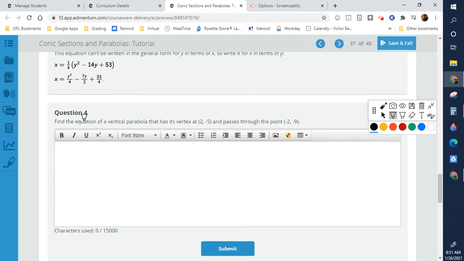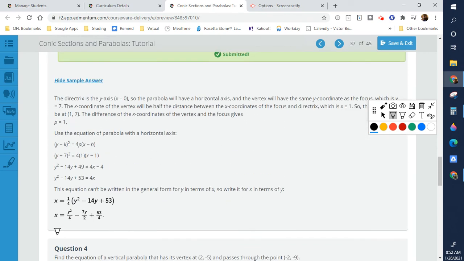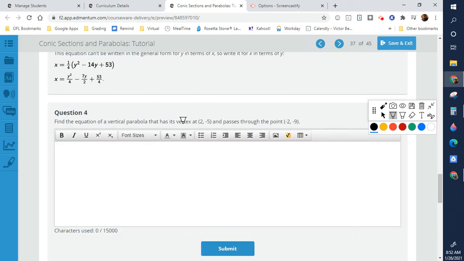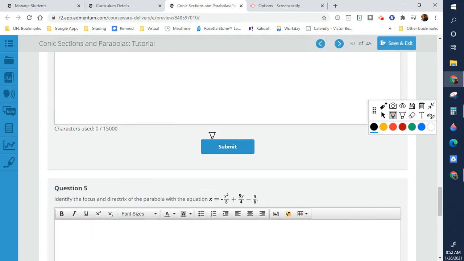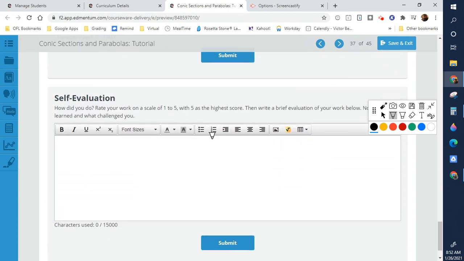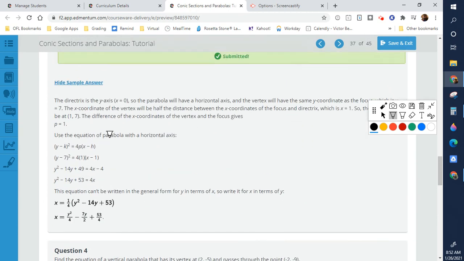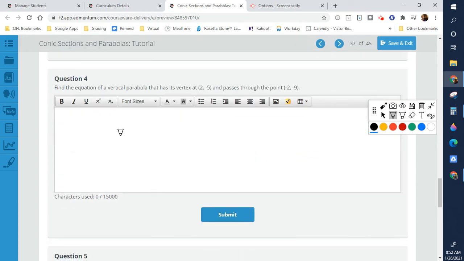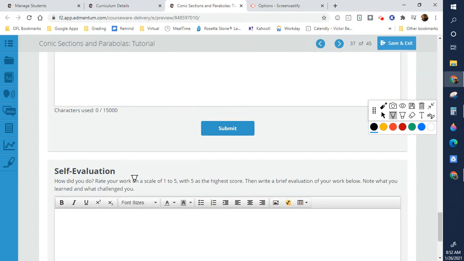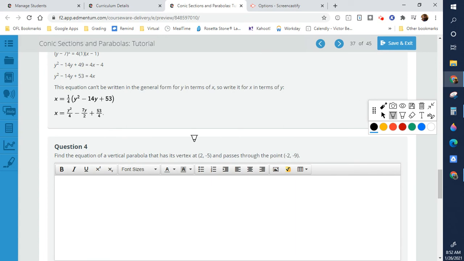All right, so find the equation for the vertical parabola that passes through this point. I'm not going to do this in general form because they're already messing us up by doing this, and they're not asking for it in general form. Let me see. I do have two problems, and I have to get ready for an appointment. So we will actually finish the last two and this in the next video.